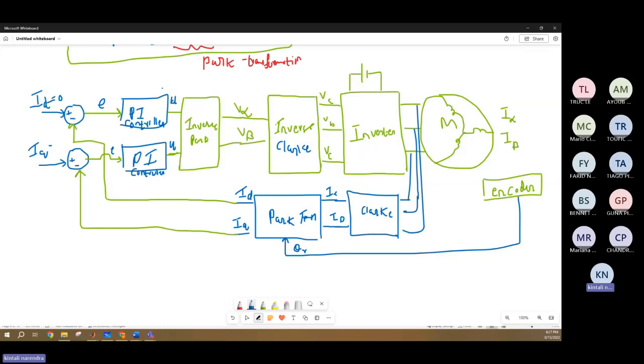Imagine the MOSFET is a switch, like a dam control valve, and the gate is the valve. The amount of time you open it changes the amount of current flow. If the flow of current is different, then the speed of the motor will change.